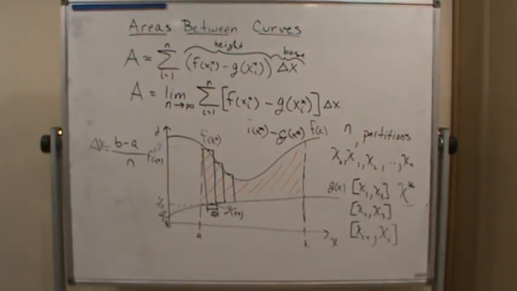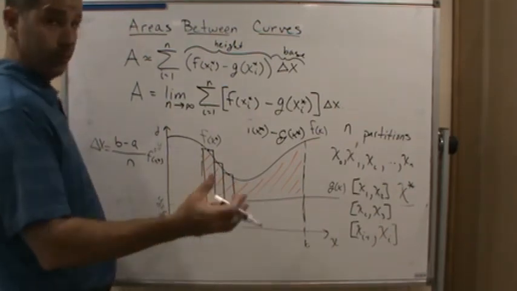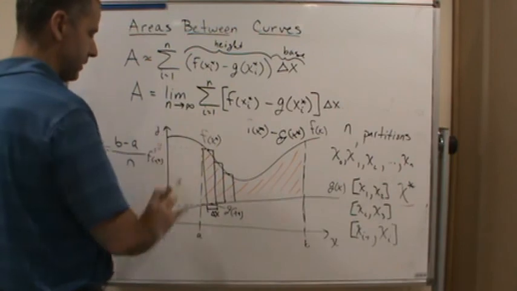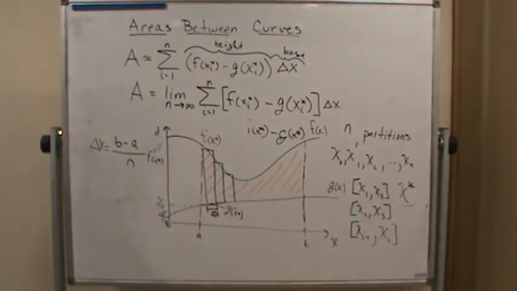As happens before with Riemann sums, as we take the limit of this thing, the summation symbol becomes the integral.